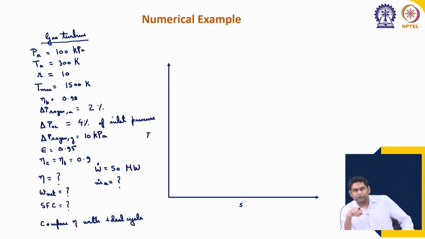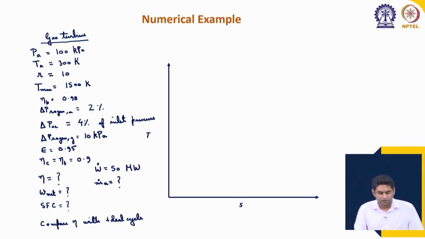So, how to start this problem? As you can see, this is a complete design problem with all the different design parameters and operating parameters mentioned, and we are trying to find the performance of this gas turbine.